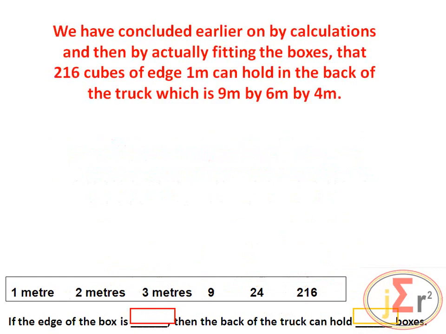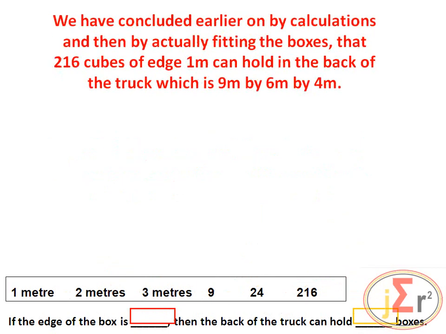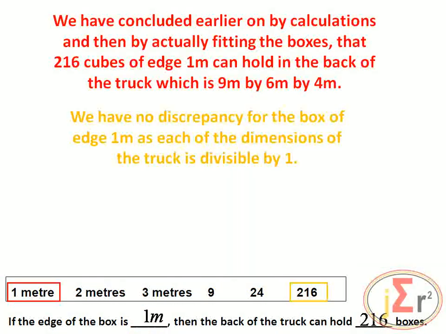So let's see. We have concluded earlier, by calculations and then by actually fitting the boxes, that 216 cubes of edge 1 meter can fit in the back of the truck, which is of dimension 9 meters by 6 meters by 4 meters. So for the 1 meter box, we have 216, and those two numbers are represented in the list.